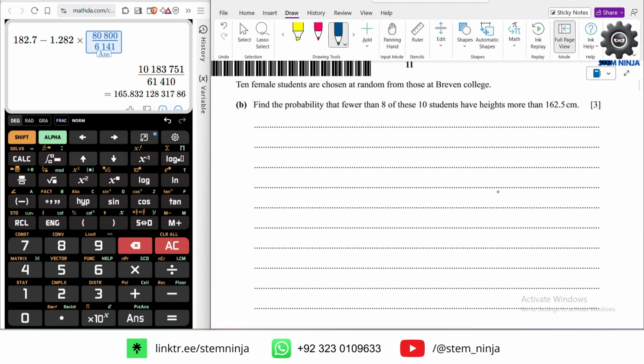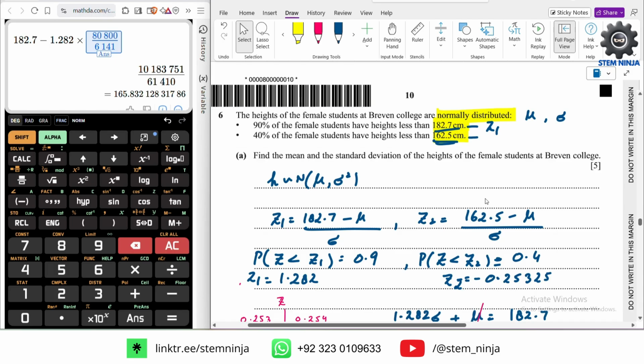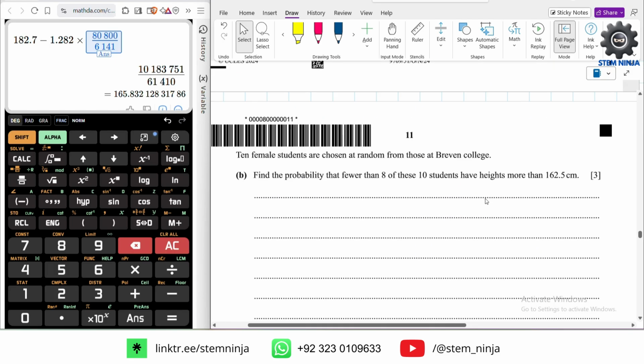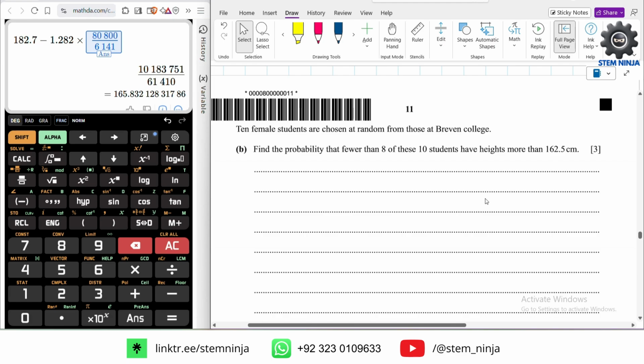10 female students are chosen at random from those at Brevin College. Find the probability that fewer than 8 of these students have heights more than 162.5. Right, okay. We now have the mean and the standard deviation.